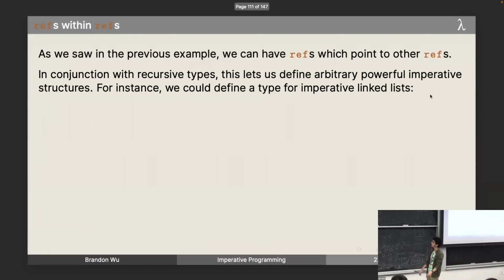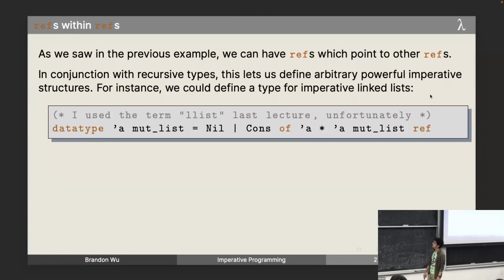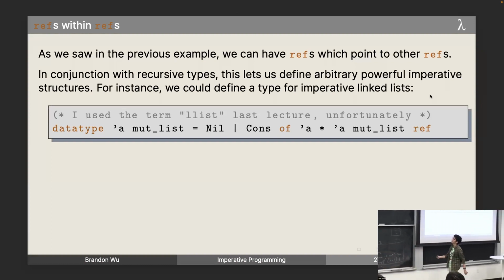I wanted to show you that we can have refs that point to other refs. So let's use this list type. I wanted to call it alpha L list for a linked list, except I used L list in the last lecture for lazy list. So we're going to call it a mute list. But if you look at this type, it should look very familiar, very similar to what we had last lecture. I say that an alpha mute list, a polymorphic type, can be either the empty list or a cons where the tail is a reference to another mute list.